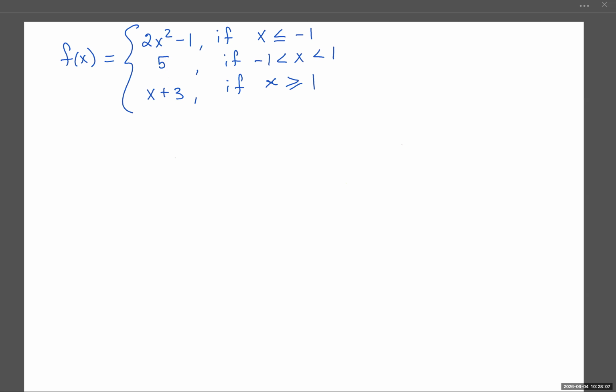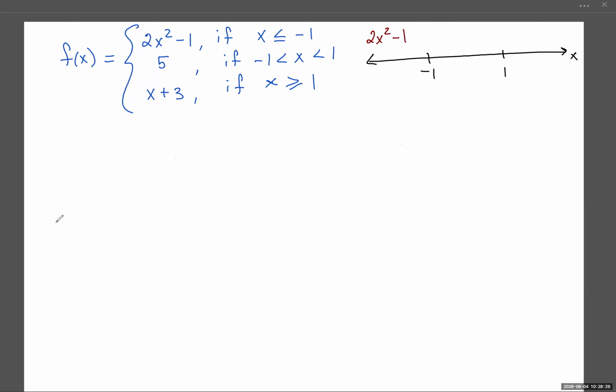I'm going to go ahead and do a number line to help with visualization of what's happening here. We have 2 breakpoints this time. We have negative 1 and 1. So for all the values less than or equal to negative 1, we're going to use 2x squared minus 1.